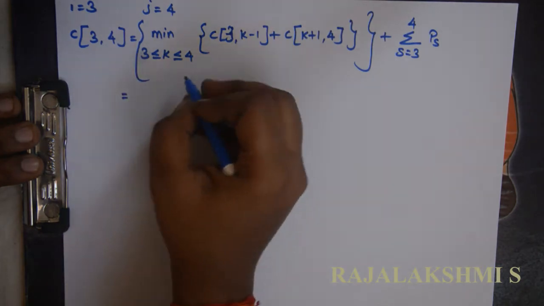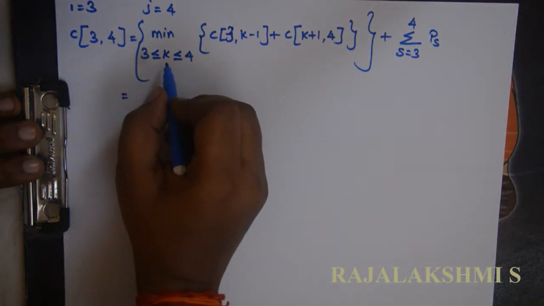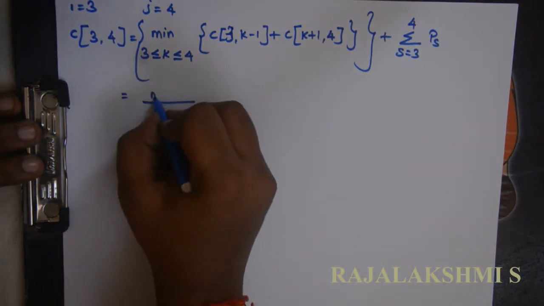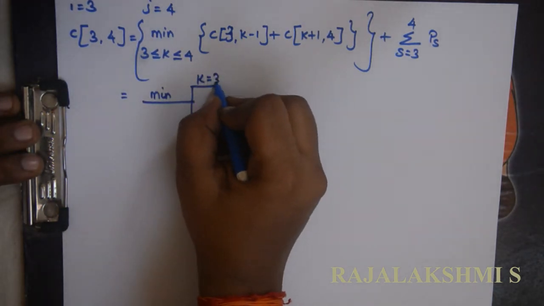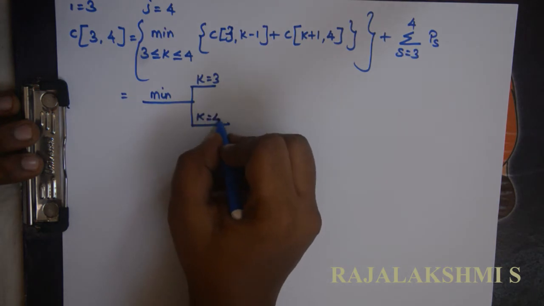So now substitute the various values of k. So k takes the values 3 and 4. So it is the minimum over k equal to 3, k equal to 4.